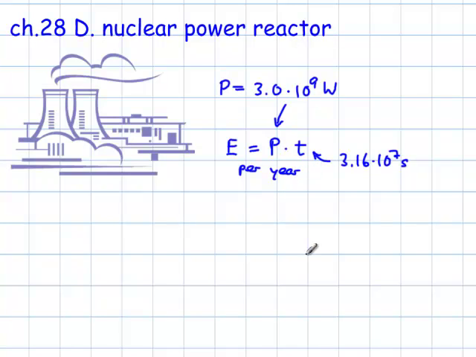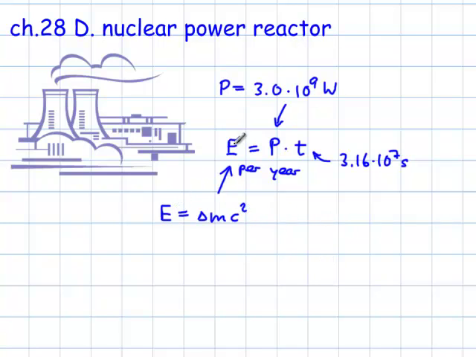Where does that energy come from? It comes from the mass deficit of fissioning, for example, the uranium, and that mass deficit is calculated as E equals delta M times C squared.